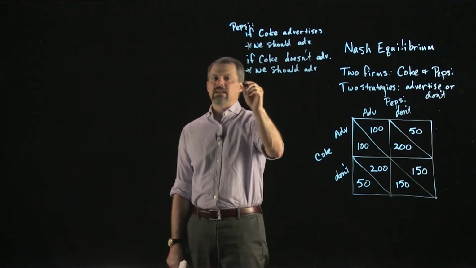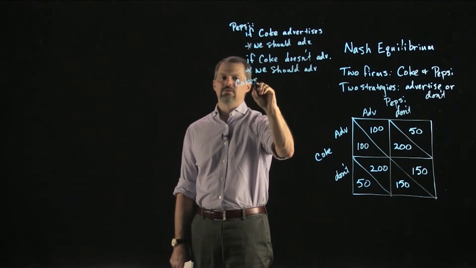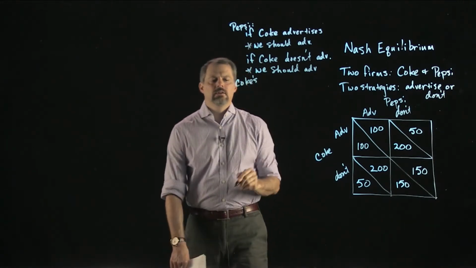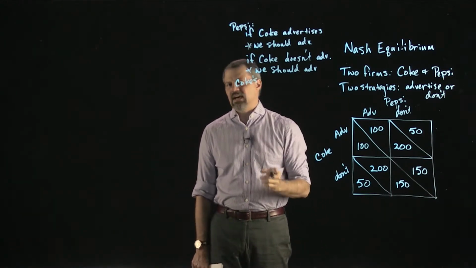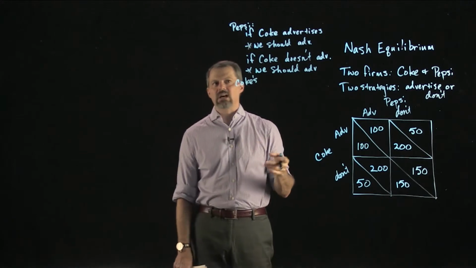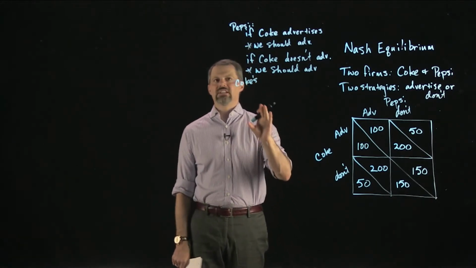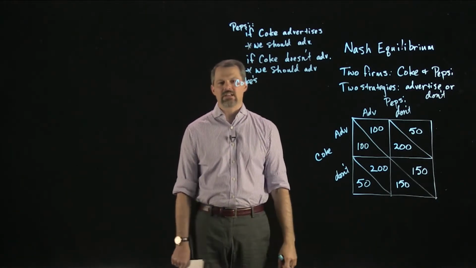We could do the same thing if we took Coke's point of view. We could think about the two options that Pepsi has and what we should do in response to that. And what you'll see is that Coke has a dominant strategy to advertise.